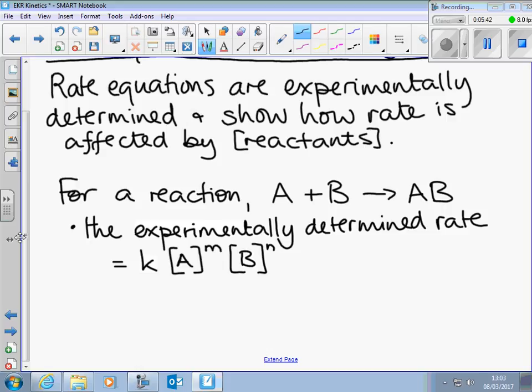Now, k in this, being the rate constant, that's fine, but to be honest, you'll think by the time we've done this that k is simply a sort of fiddle factor. It's a number that you need to multiply it with to make it work. And yeah, it is sort of. You can't look it up.